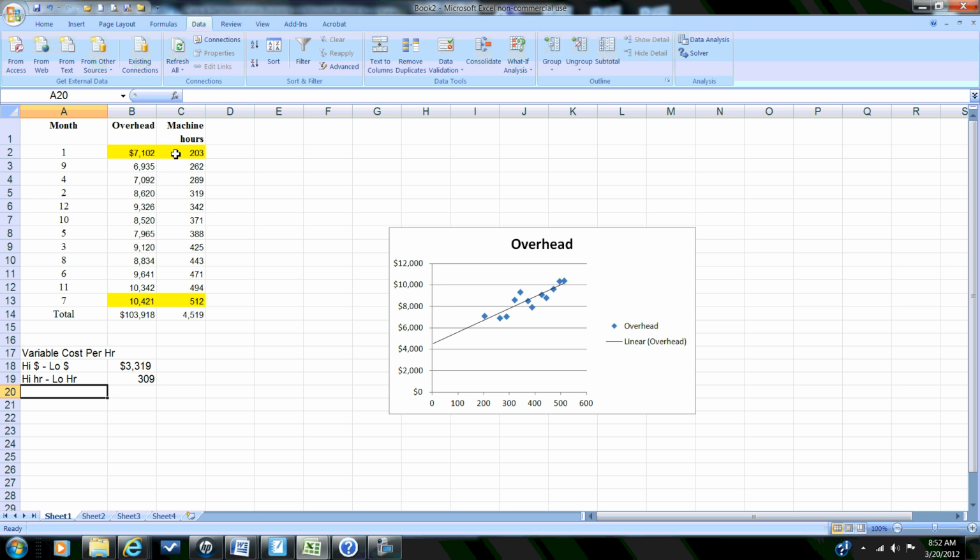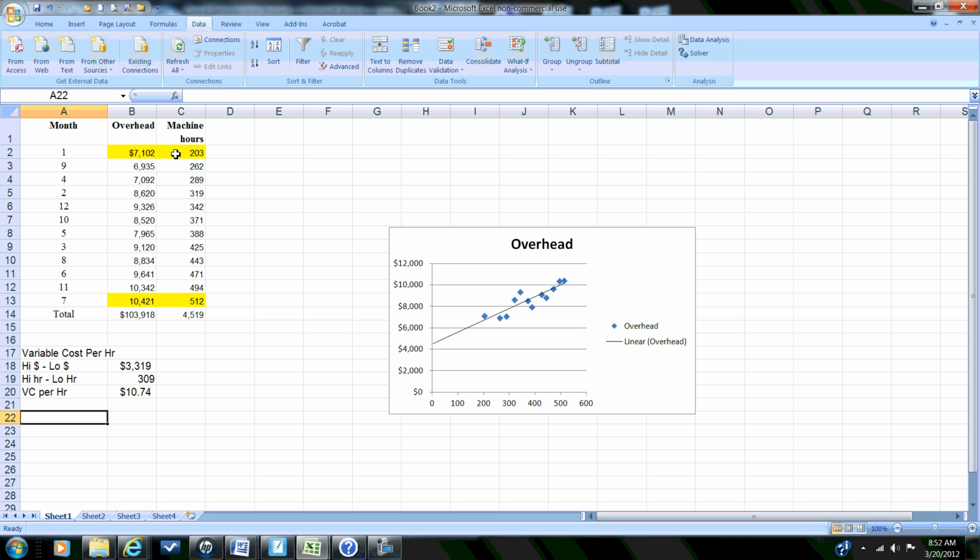Now the variable cost per hour is going to be the high dollar minus low dollar divided by the high hour minus low hour, or $10.74.